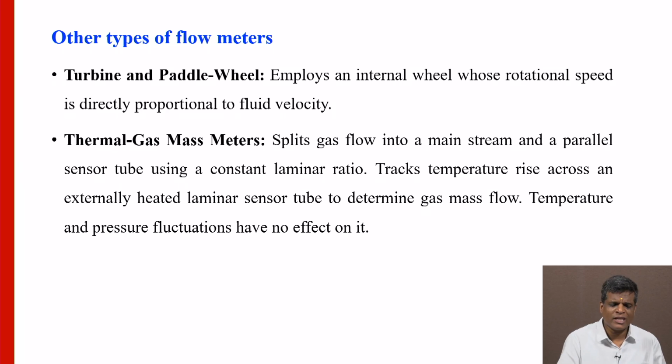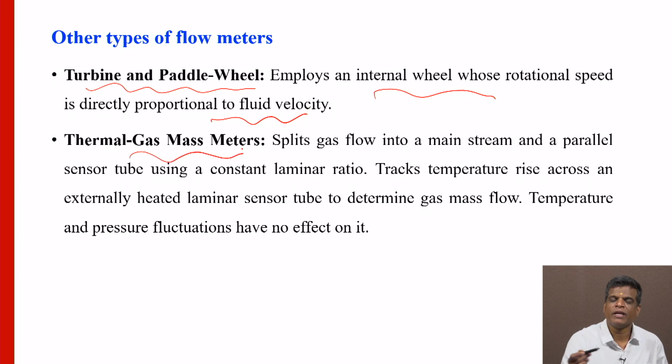Now, the different types of flow meters. This one is for the turbine and paddle wheel, based on a wheel whose rotational speed is directly proportional to fluid velocity. Then there is also a thermal gas mass meter. These are different types of flow meters. This sensor normally works for main steam, using a parallel sensor tube with a constant laminar ratio, so temperature and pressure fluctuations have no effect.